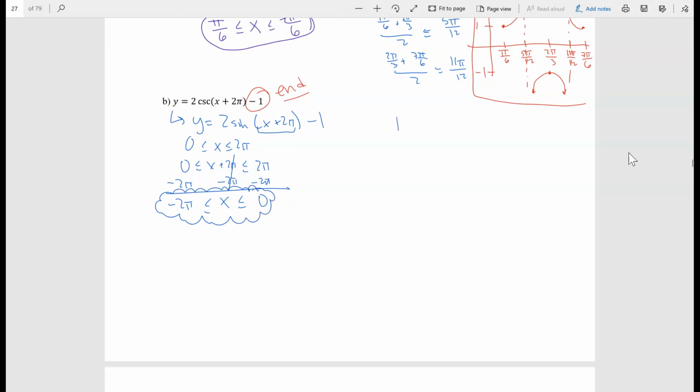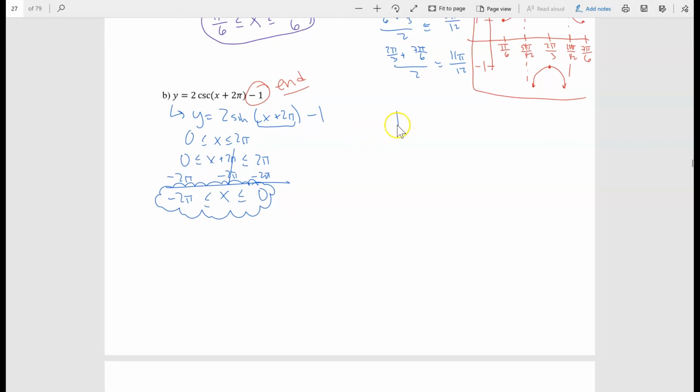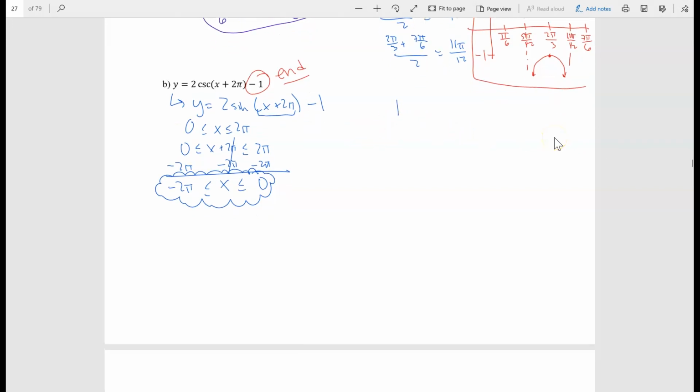Okay, so if I were to graph this, it's going to look a little bit different. We're going to have this thing, but on this side, on the negative side. You can see that it's going to start at negative 2 pi and then end at 0.